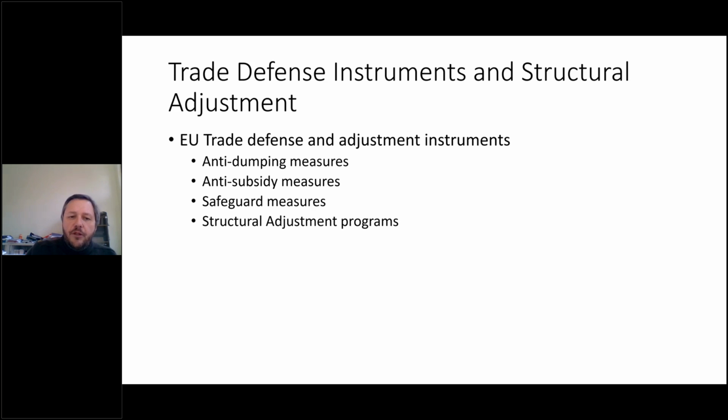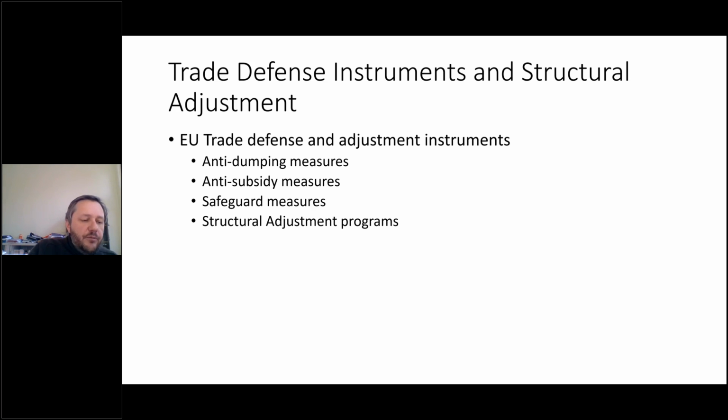And then we have structural adjustment programs or structural adjustment measures, which have to deal with how we need to change economically and socially to a changed economic system, which is influenced by trade.